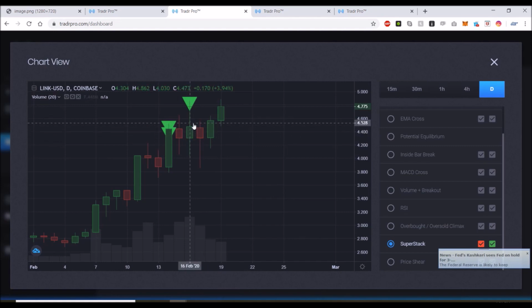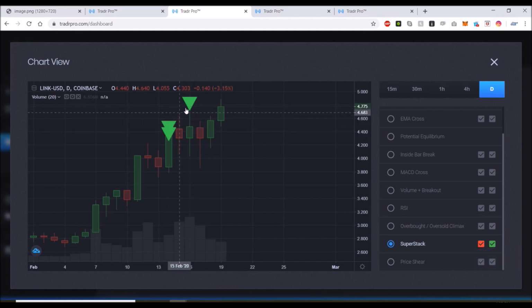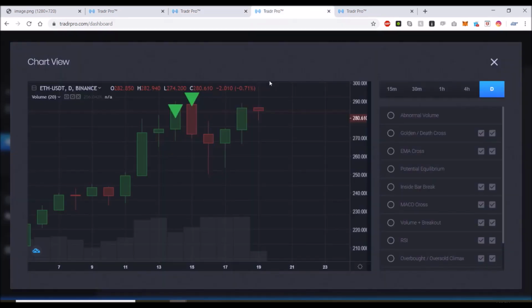But again, this is an instance where if you're in a bullish swing position, taking profit on the SuperStack overbought signals on longer term time frames, and then looking to reload on those dips is a nice way to go. Another example here, we have ETH USDT on Binance, and again, longer term overbought signals started firing off.